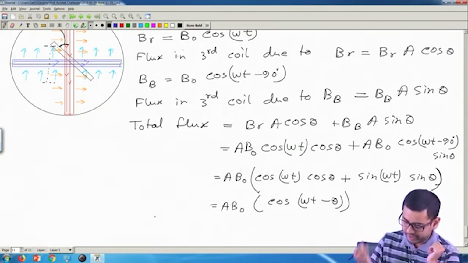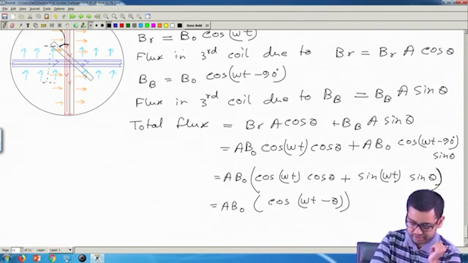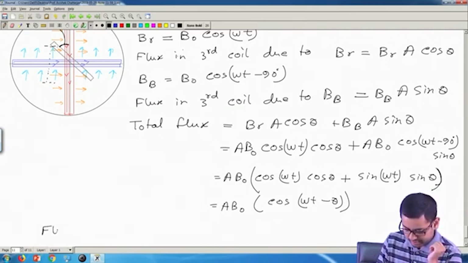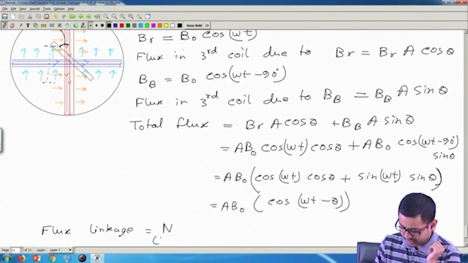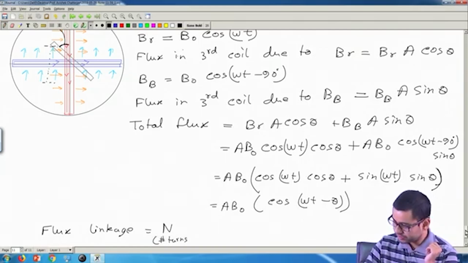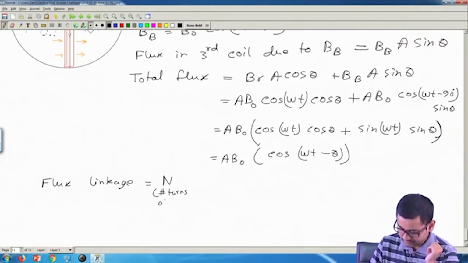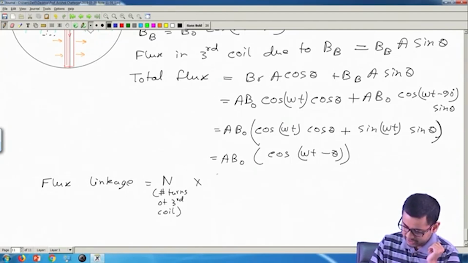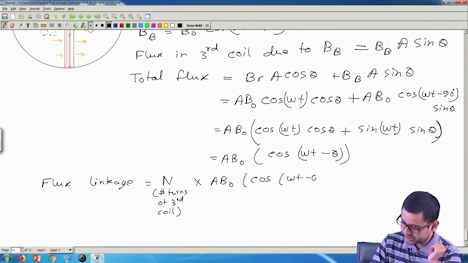Okay, so we may need to multiply this with the number of turns of the third coil. So the flux linkage will be N, the number of turns of the third coil, multiplied by this quantity A B0 cos(omega t minus theta).